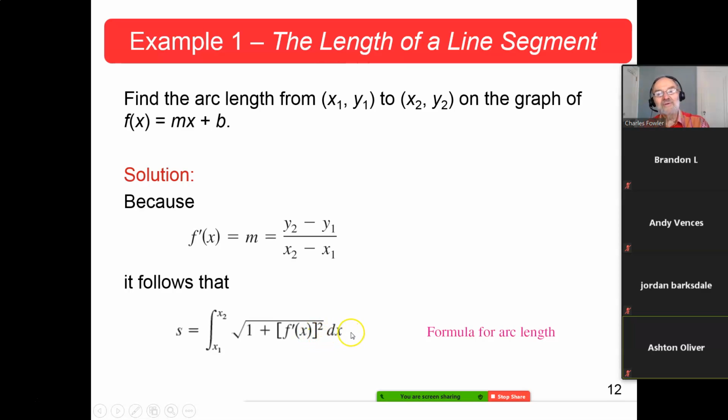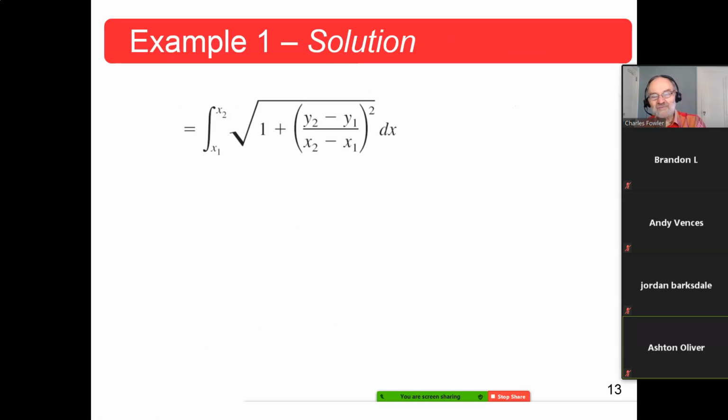Okay, that's your formula. So let's fill that in. x is going from x1 to x2, the square root of 1 plus y2 minus y1 over x2 minus x1 in parentheses squared. That's your f prime squared dx.